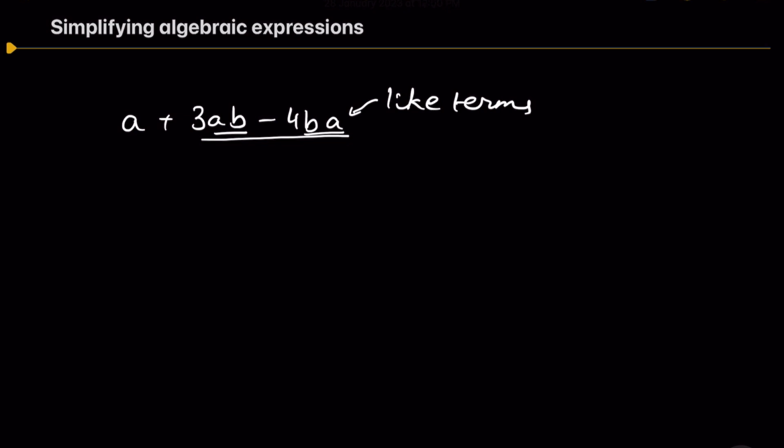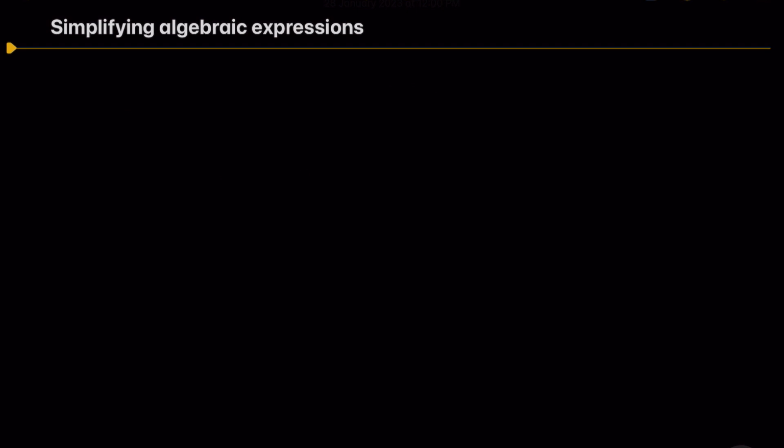So in this case, the answer would be a minus ab because 3 minus 4 is equal to minus 1. So it would result in minus ab. And you cannot simplify a any further because there's no other like term to simplify it with. You can only add or subtract like terms.